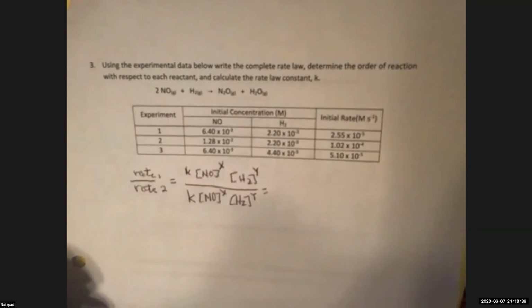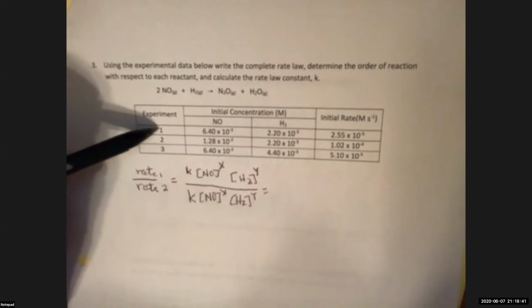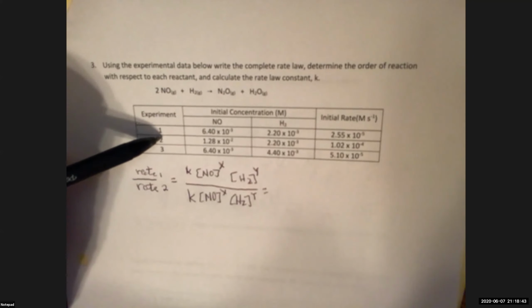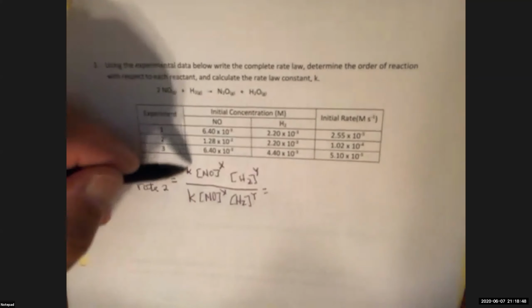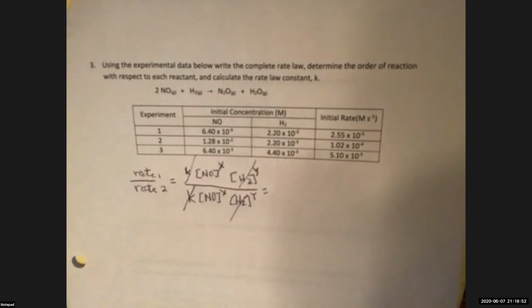But first of all, if we're comparing rate 1 and rate 2, the only concentration that changes is NO. H2 stays the same, K is the same, so we can cancel these out because those haven't changed.